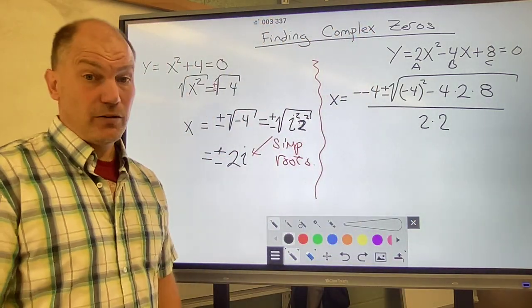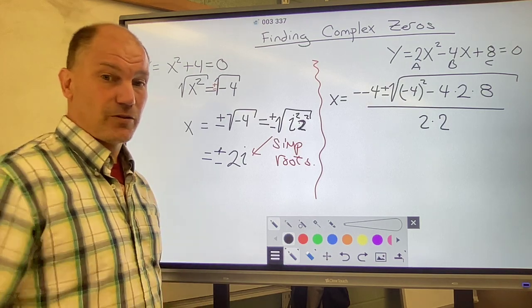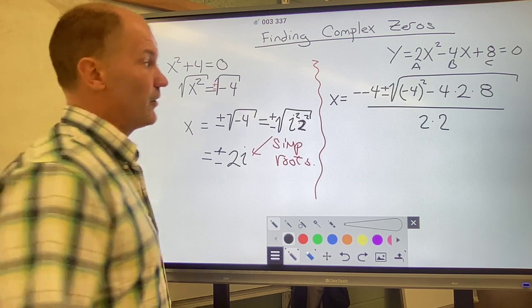That is a formula that you need to know. If you need help with that, please ask me for some help on the quadratic formula, and we'll get you some.